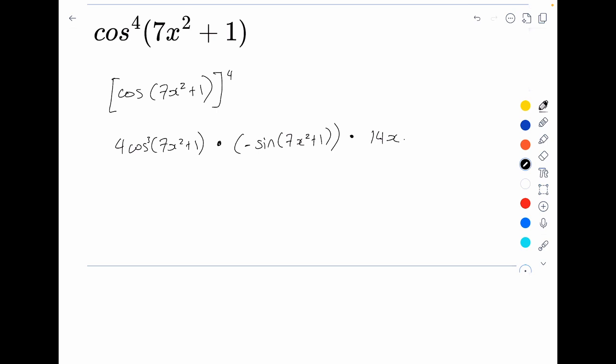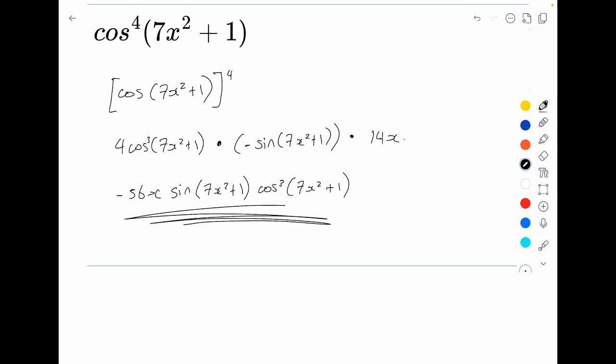Okay, so 14 by 4 is 56, but then you add the minus in, so you get negative 56x sine 7x squared plus 1, cos to the 3, 7x squared plus 1 there as well. Okay, and that's going to be your final answer to that question.